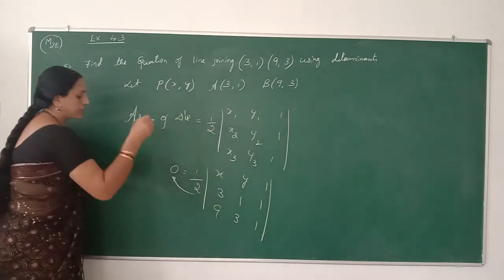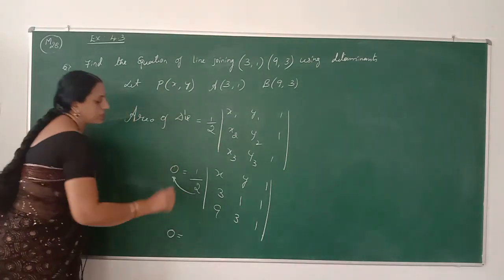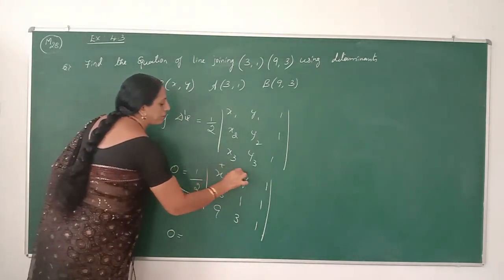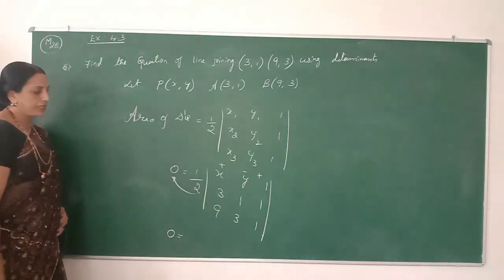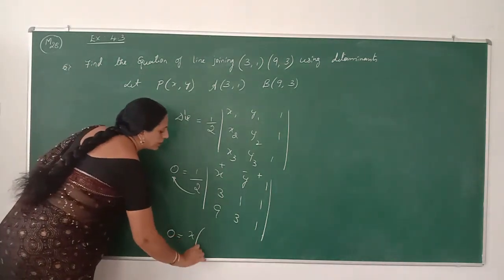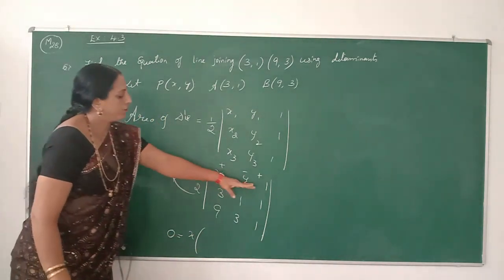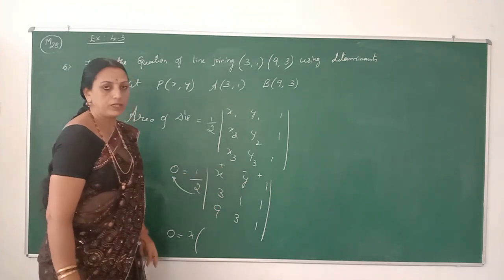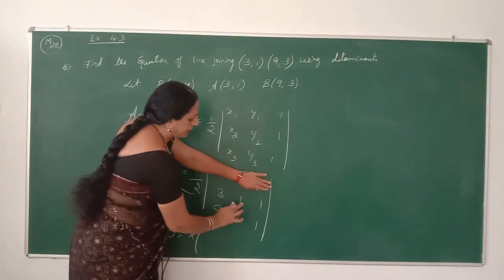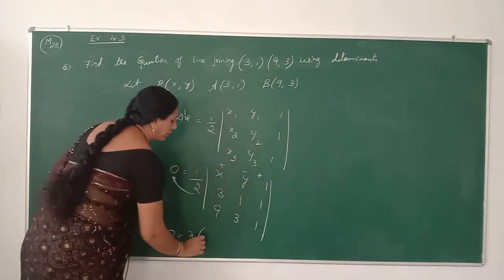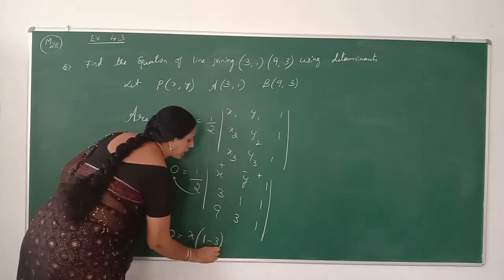Again first the half gets cross multiplied, nothing but 0, and the determinant can be simplified using alternating signs, x half. Now x is an element of first row, first column, and these are neglected. Remaining are cross multiplied, 1 minus 3.